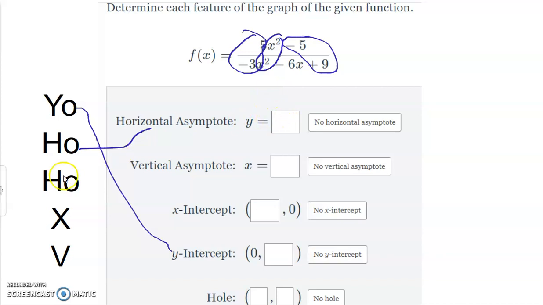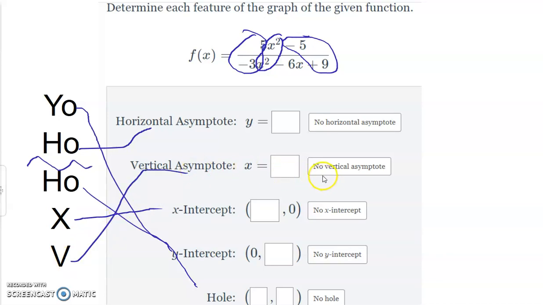And then finally, we factor it and we get ammunition for dealing with the holes. And then we're going to get the x-intercept from what's left after we factor it, and the vertical asymptote from what's left there.